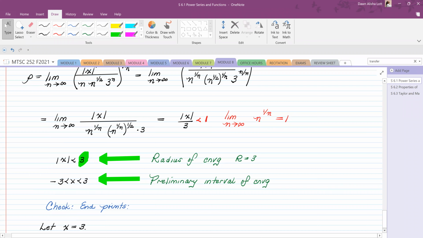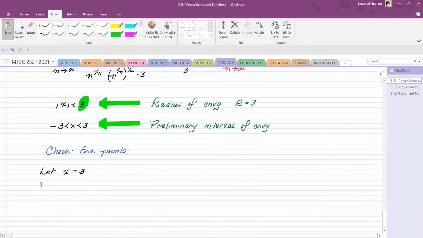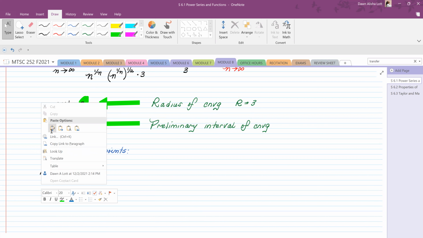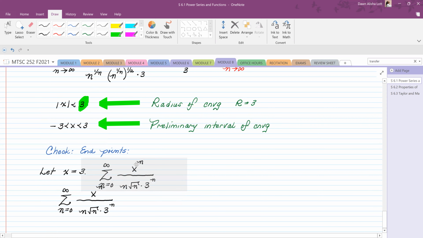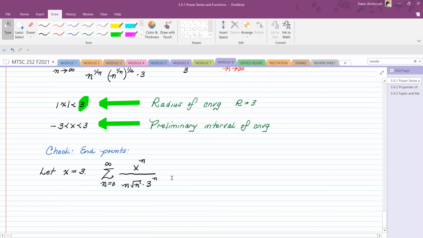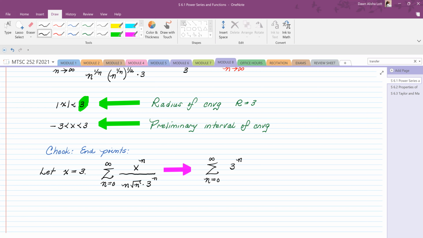If we let x actually be 3, then the series becomes the summation n equals 0 to infinity, 3 to the n divided by n, the square root of n, times 3 to the n. Well, how nice is that? 3 to the n divides out.